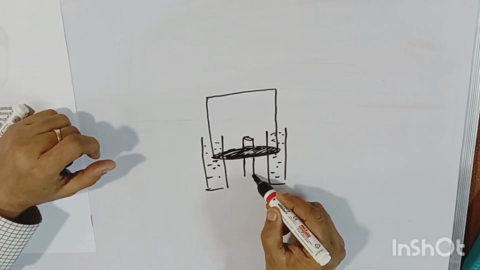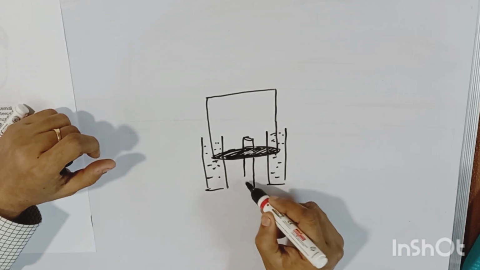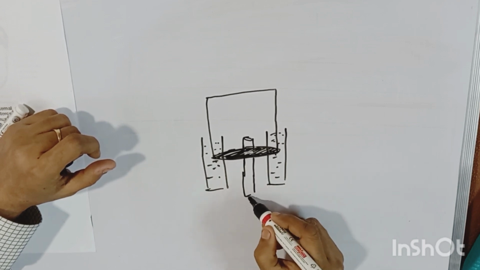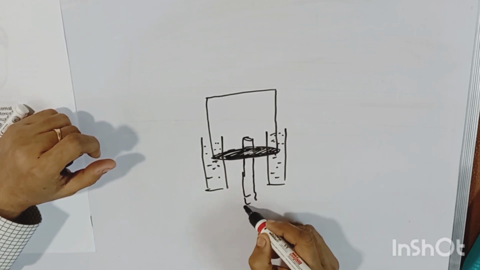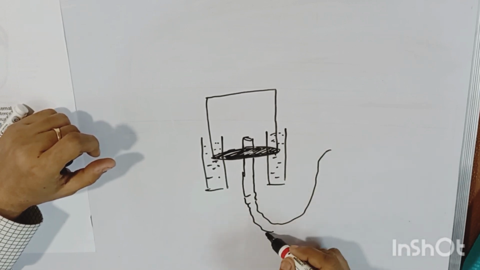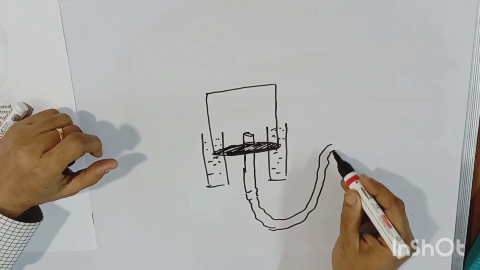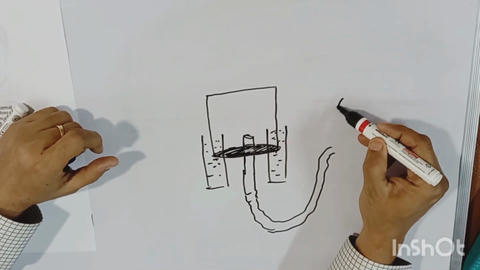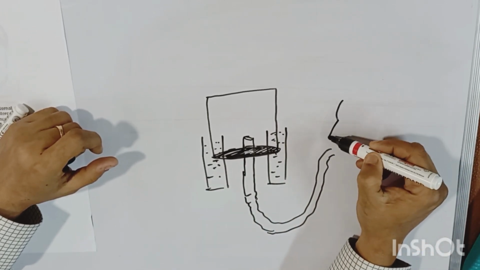And now what I do is I attach a pipe to this tube, and tell someone to breathe in and out. So here I draw a person's mouth.